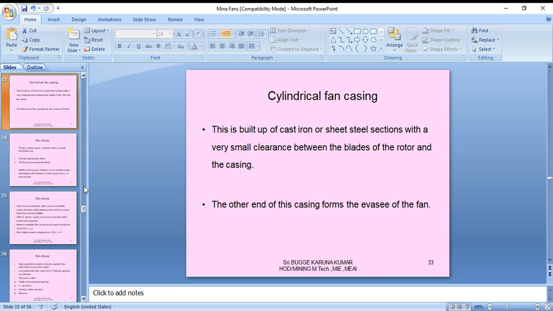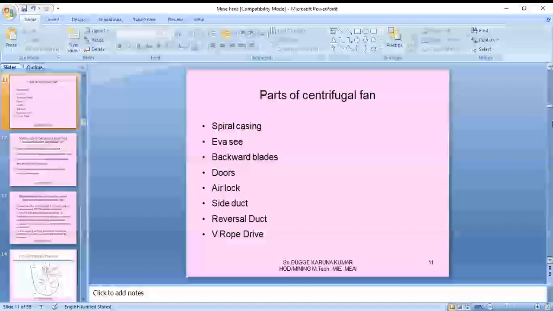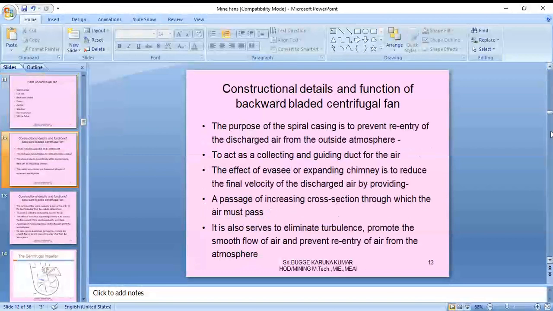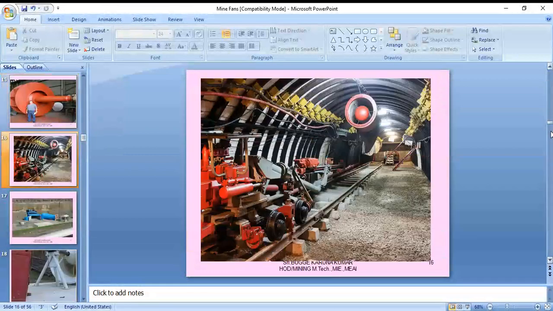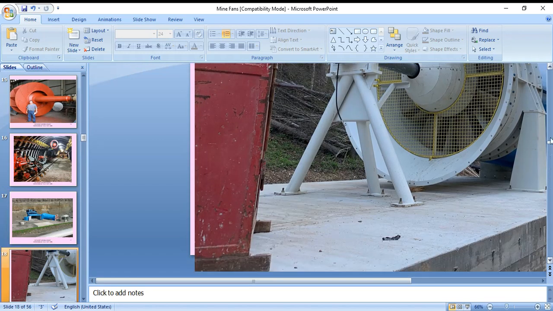So you can observe the figure here. Yes, this is actually the evasee, the fan house. Yes, clear.